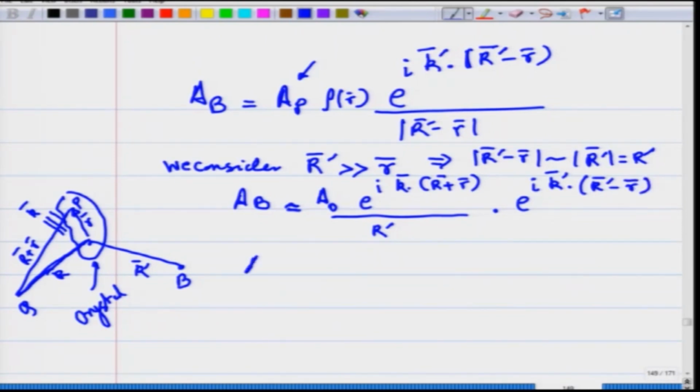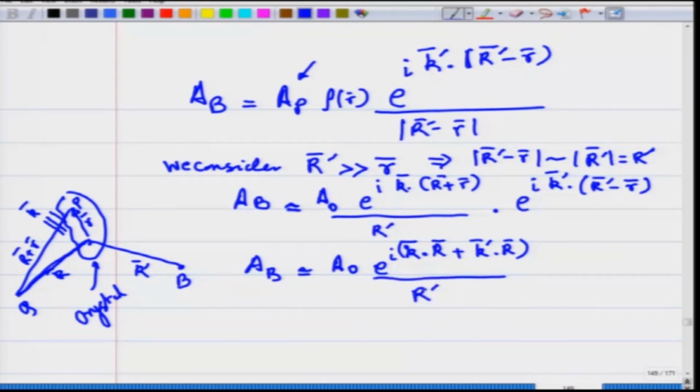And now let me simplify this. AB is A naught e raised to i (k·r + k'·r) divided by r', into a term, and there is a term which is rho of r, e raised to i (k − k')·r, okay.